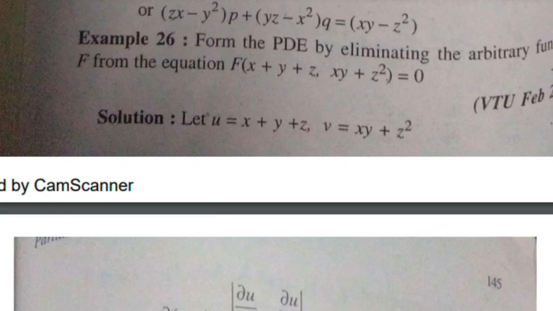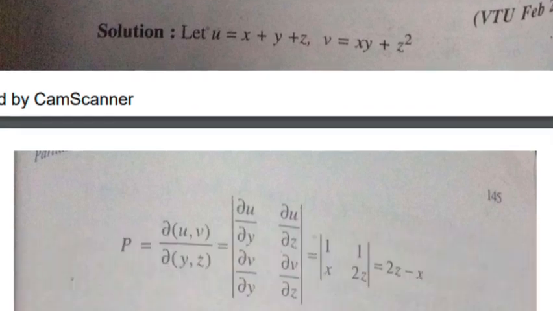Then after this, find the Jacobian of (u, v) with respect to (y, z), which is nothing but P. Put the determinant, write all the elements, find all the derivatives, then you will get 1, x, 2z. Expand this, you will get 2z − x. Similarly, you find Q, the Jacobian of (u, v) with respect to (z, x).